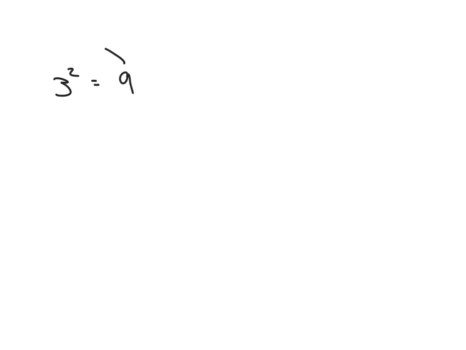Now if we want to go back to our original there from 9 to 3, we do what is called take the square root of 9. So that means what number times itself is going to give me 9? And that's 3. So we square 3 to get 9. We take the square root of 9 to get back to our 3. That's pretty much what it looks like.